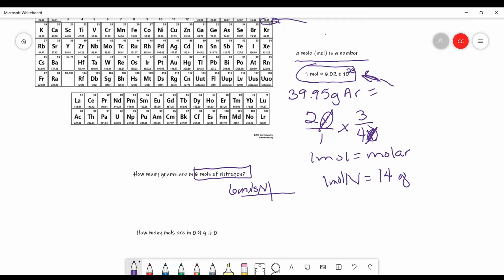So 1 mole of nitrogen equals 14 grams of nitrogen. Since moles of nitrogen are given here, we want 1 mole of nitrogen at the bottom. And then we want this 14 grams written at the top. The moles of nitrogen get canceled out, and what we're left with is 84 grams of nitrogen.